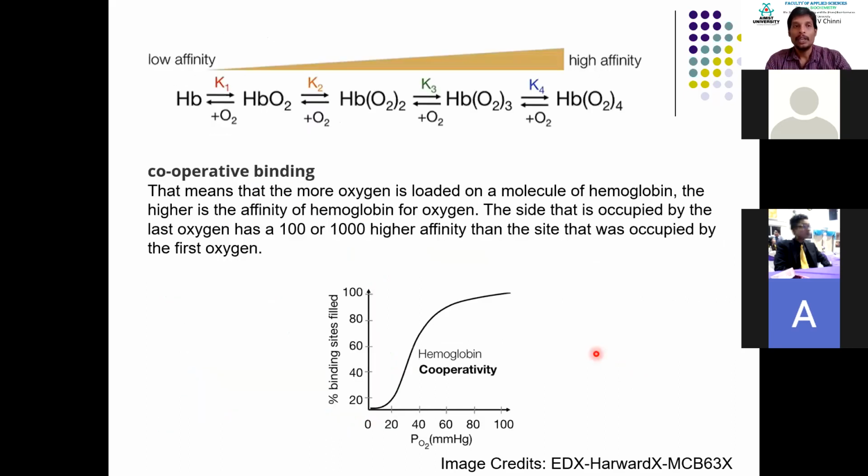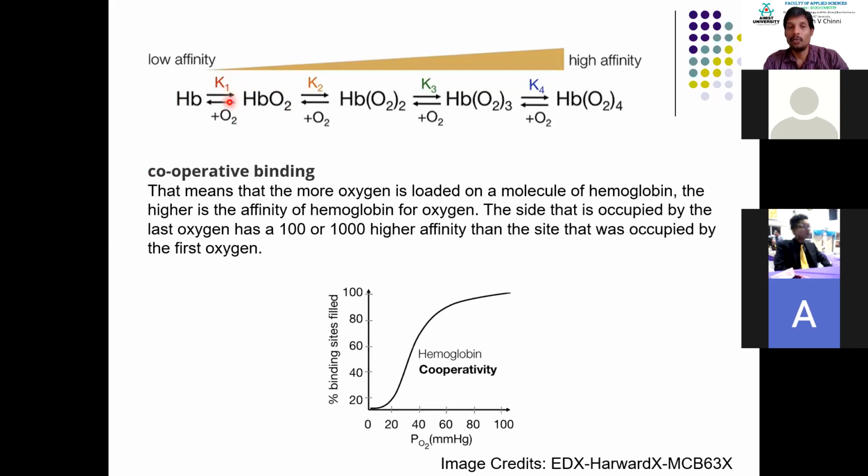Then hemoglobin will carry 4 oxygen molecules. Okay, 4 oxygen molecules. See, when hemoglobin binds to the first oxygen and forms oxyhemoglobin, the rate of reaction is quite low.